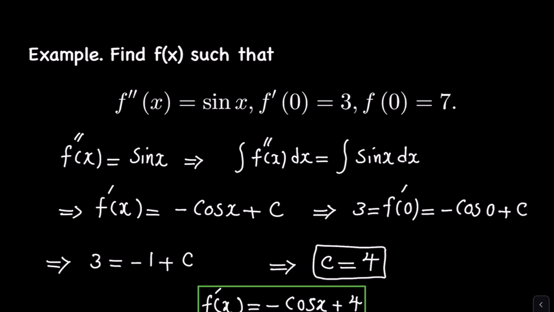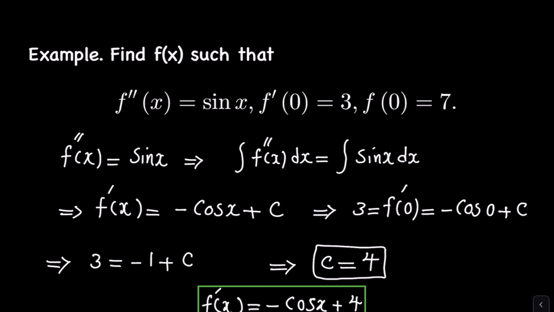Now I'm going to determine the c. For that, I'm going to use this information here. I know that f prime of 0 is 3. It's given here. So in this formula that I have for f prime, I'm going to substitute x by 0. So you get f prime of 0 equals minus cosine 0 plus c.